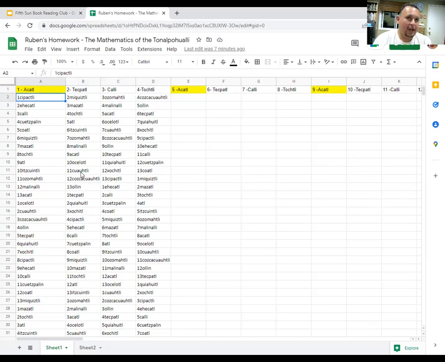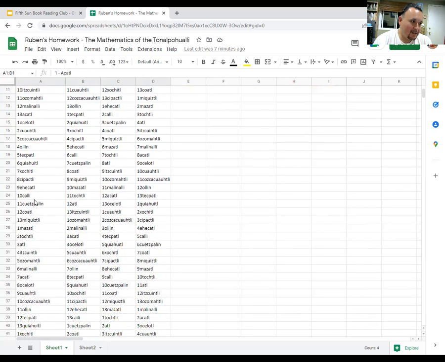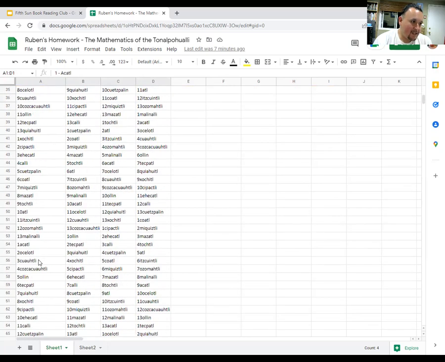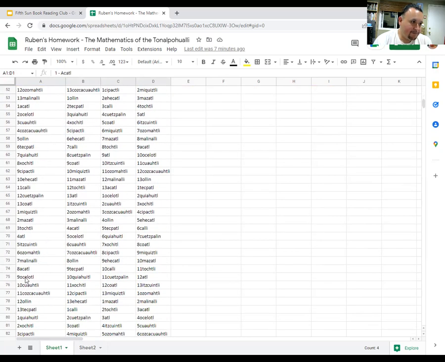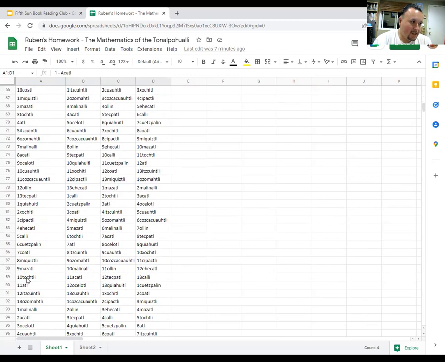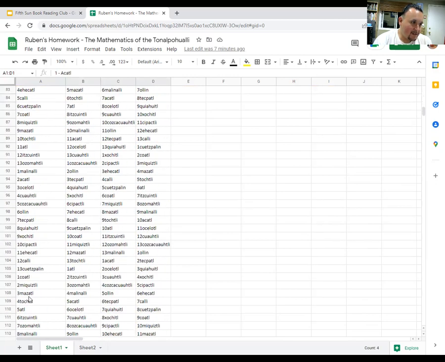For example, a lot of scholars studying the calendar thought, oh, well, the year must start on these year bearers. Okay, so what they would do is they would look until they found 1 akat. Okay, and then once they found 1 akat, they'll say, okay, the year has to start on 1 akat.